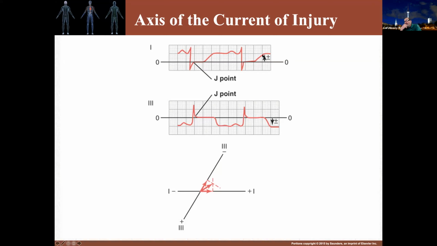So this difference between these two, which in this example is 0.5 millivolts, is our current of injury. And now in this case, you'll notice that our baseline is here, because here's our P wave, and there's our J point at the end of S, and this is then going to be a negative deflection.